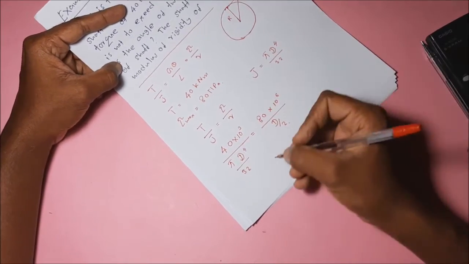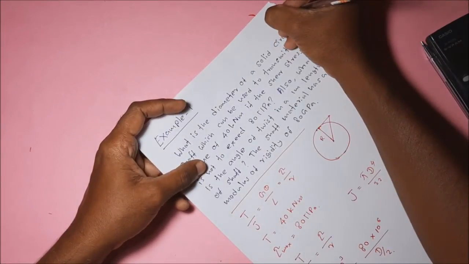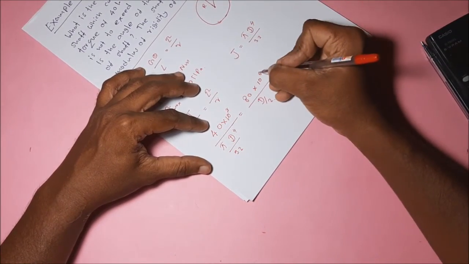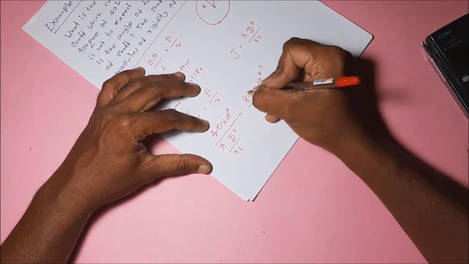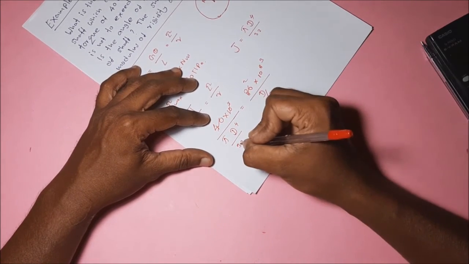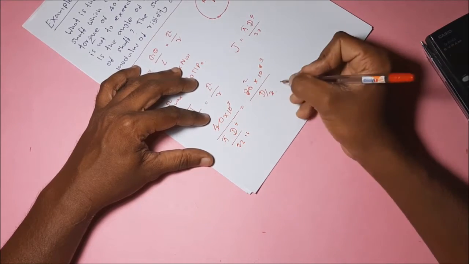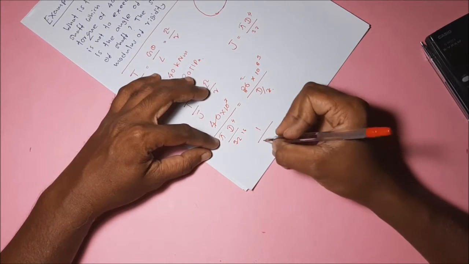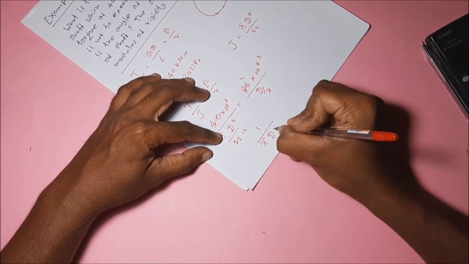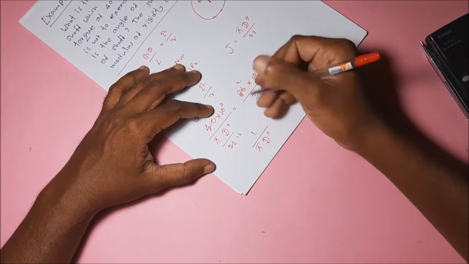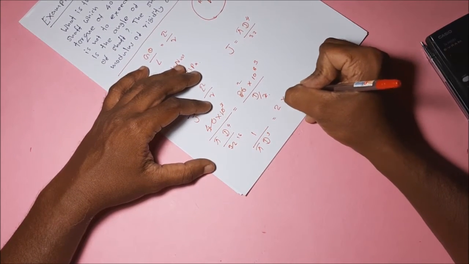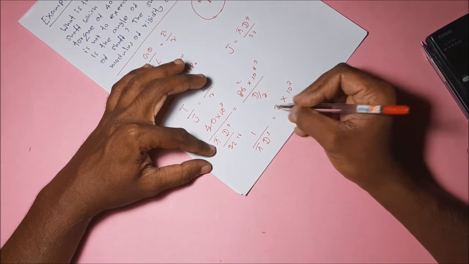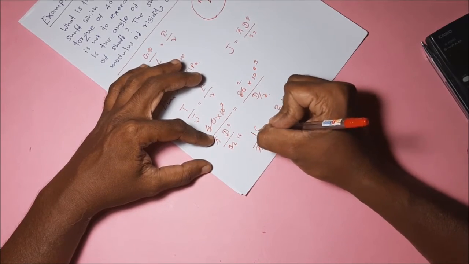So then we can simplify this equation. Okay, I will cancel the 10^3 and 2. Here also 16. Then 1 divided by pi D^3 is equal to 2 into 10 to the power of 3 over D by 2 into 16.